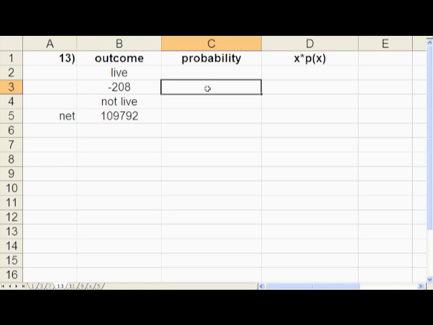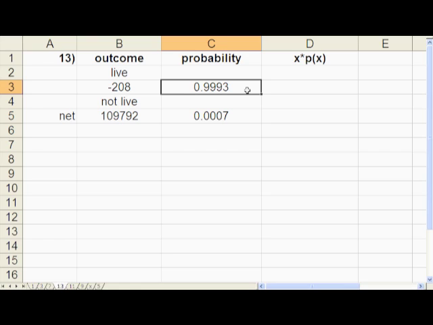What they say for us here is that the probability of living is 0.9993, and the probability of losing or not living will be 1 minus the probability of living.